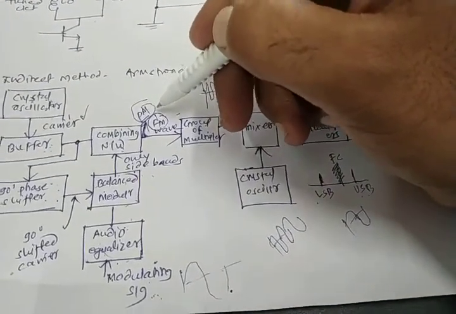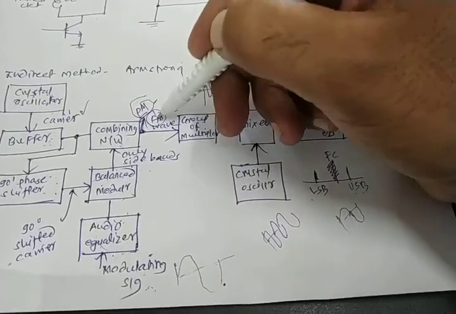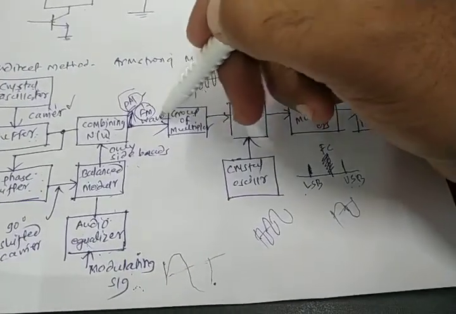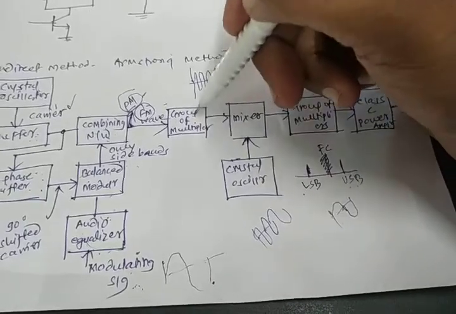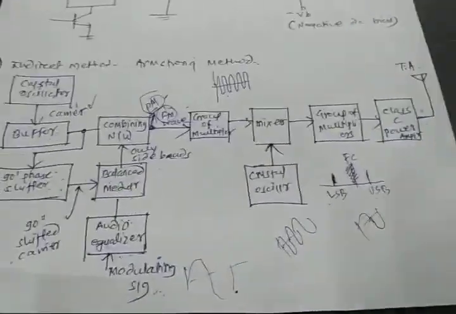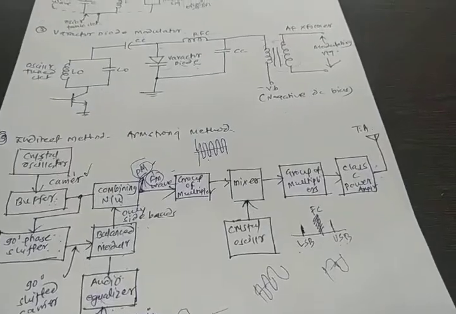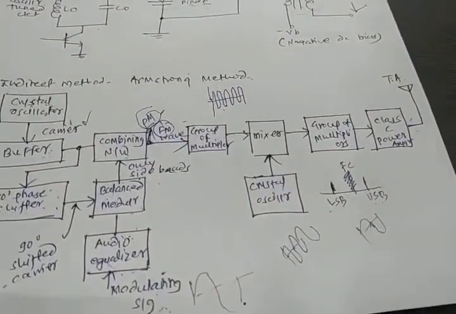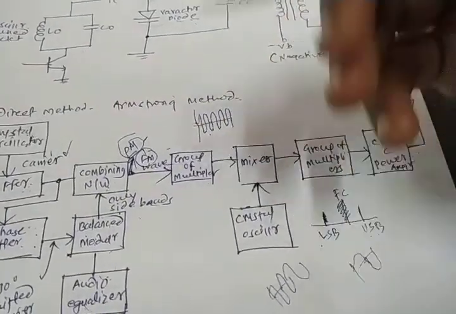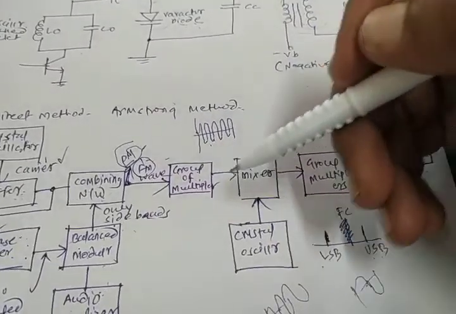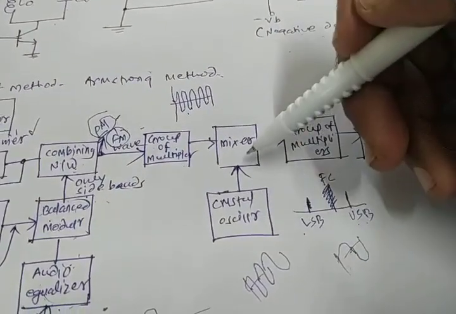By using this circuit, we convert the PM signal into the FM signal, and then this frequency modulated signal we transfer to the group of multipliers. The purpose of the multiplier is that a number of multiplications are taken, increasing the strength of the signals. Then the signal is combined into the mixer.